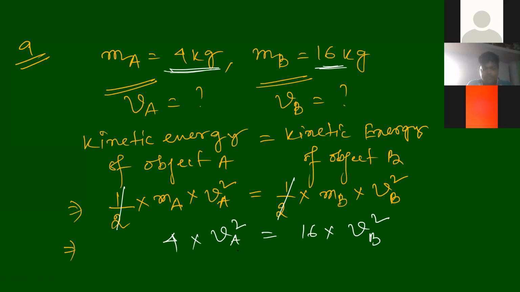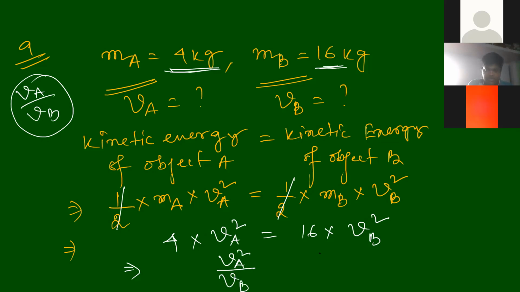So what I will do is, I need the ratio of V of A upon V of B. I have to change the equation in such a way that V of A square divided by V of B square equals 16 by 4.